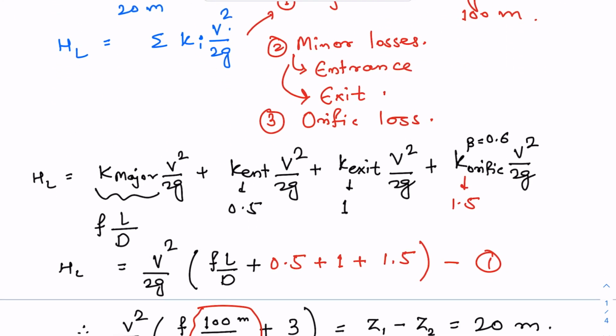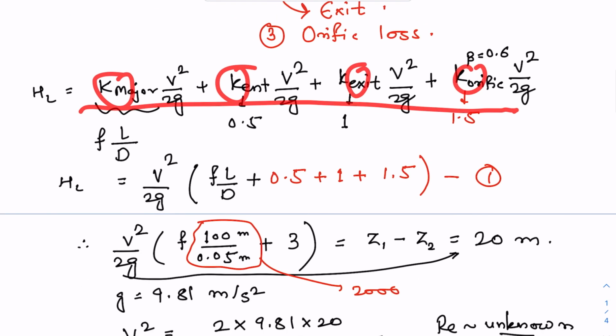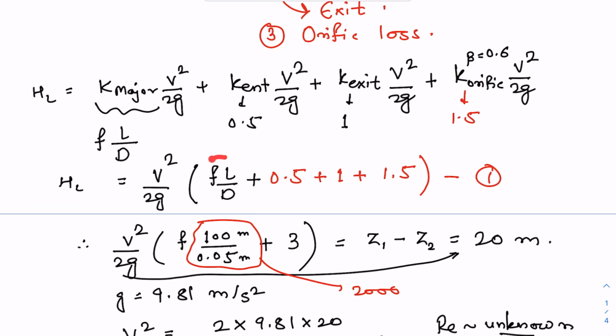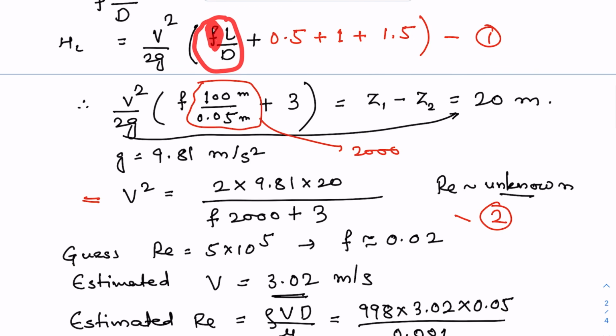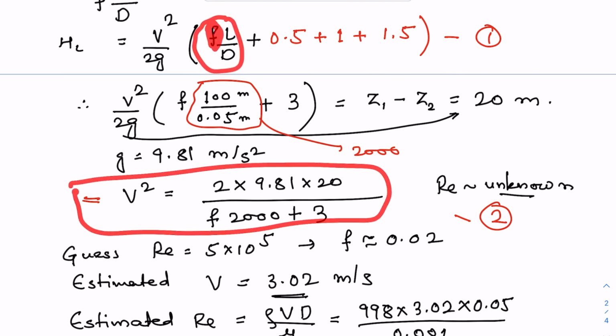So we found out these losses in terms of these loss coefficients, and the major loss comes out to be equal to fL by D. f is the friction factor, we get that from the Moody plot, and solving for velocity we get this expression in terms of the friction factor.